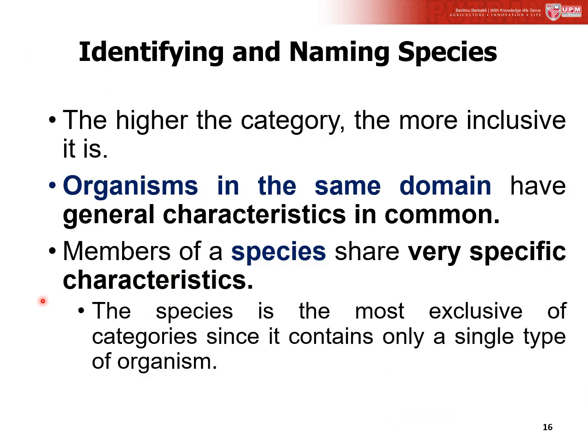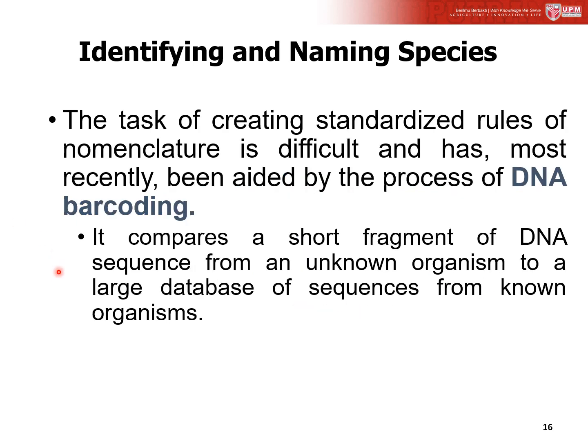Alright students, so organisms in the same domain have general characteristics in common, whereas members of a species share very specific characteristics. How many of you have heard about DNA barcoding?